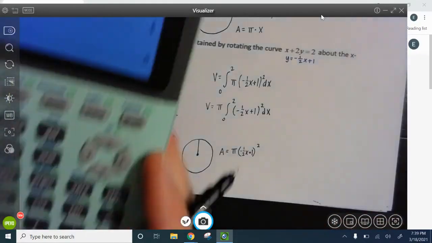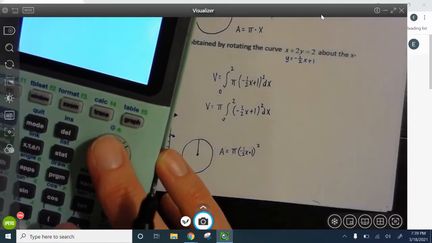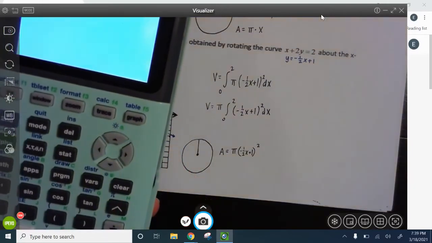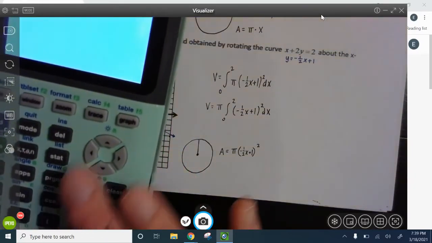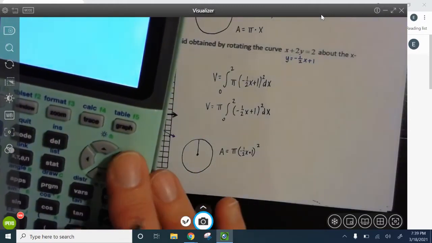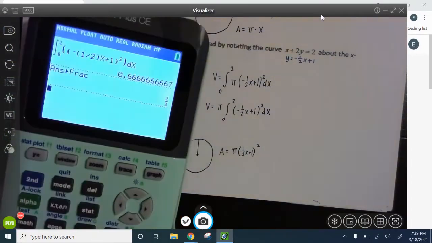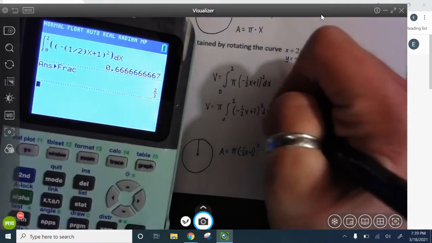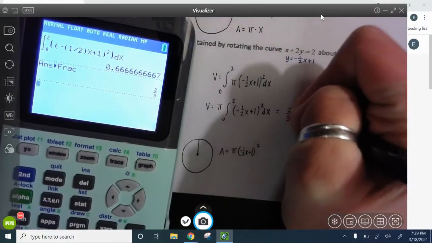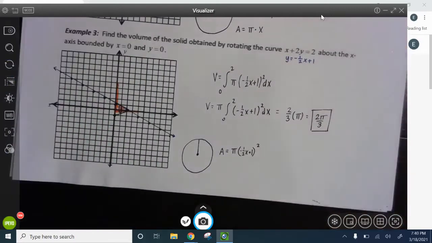And I will use my calculator to help me calculate this. So 0 to 2, negative 1/2 x plus 1, quantity squared, dx. That's going to give me a volume of 2/3. But again, we need to multiply by that pi. So the volume of this region being rotated about the x-axis would be 2 pi over 3.